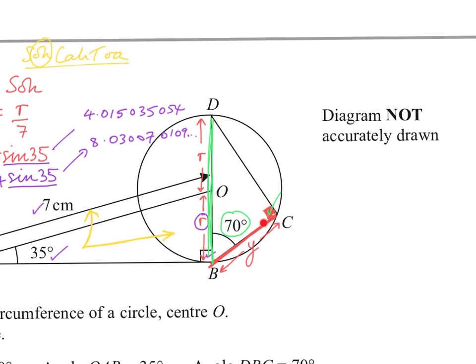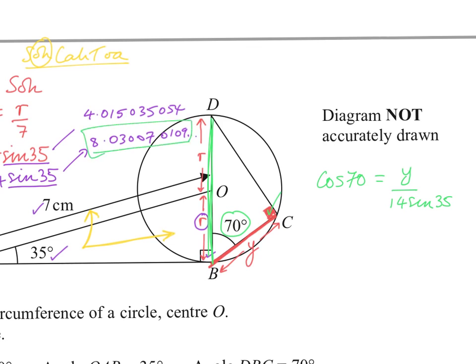So I've got adjacent and hypotenuse, so we're looking at cosine here. So cosine of 70 is equal to adjacent, which is what I want, y, over the hypotenuse. Now, you can either call this 14 sine 35 or the decimal, which you may just prefer.